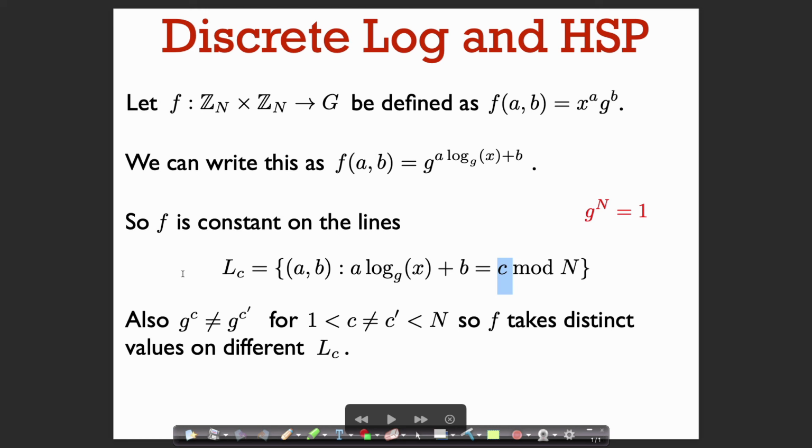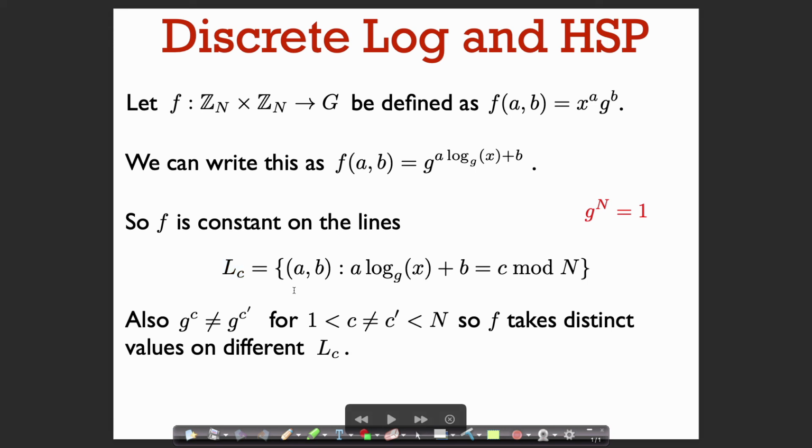Now also note that f is distinct on different sets Lc and Lc prime when c is not equal to c prime. Why is that? Well, on the set Lc, f takes on the value g to the power c. On the set Lc prime, f takes on the value g to the c prime.